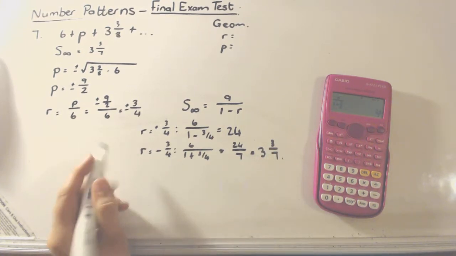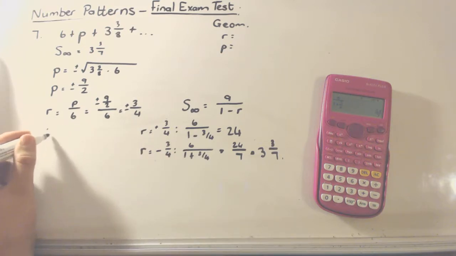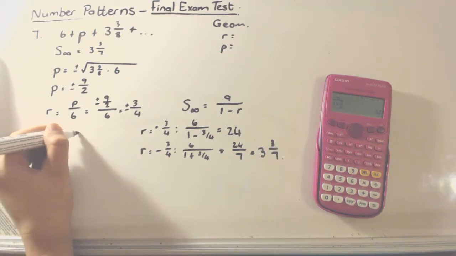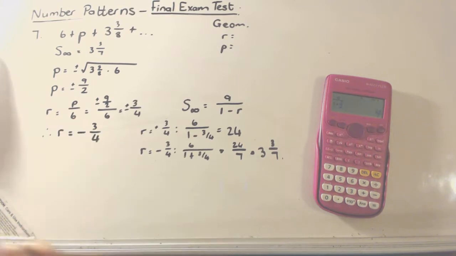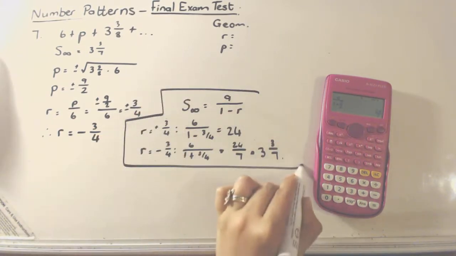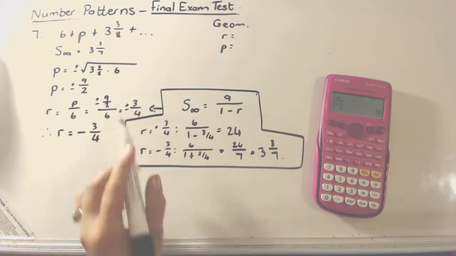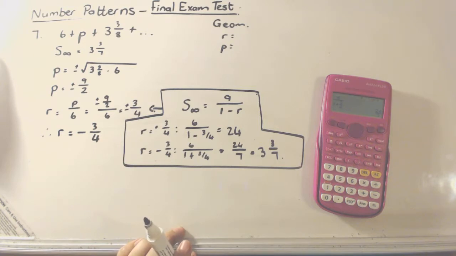So can you see from this test that my r value must definitely be negative 3 over 4? Alright, so this test here I just used to determine whether my r value is positive or negative. Right, this is for 5 marks.